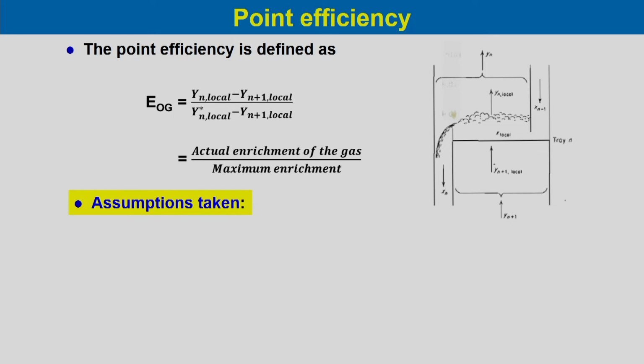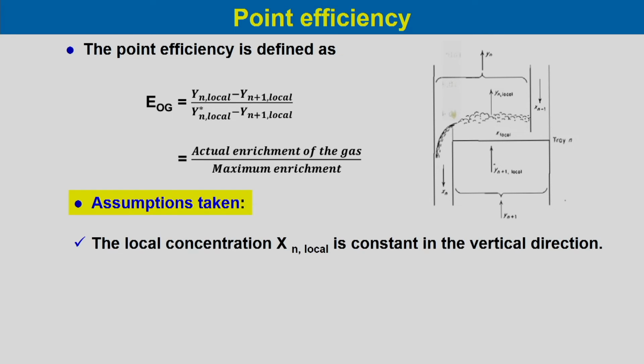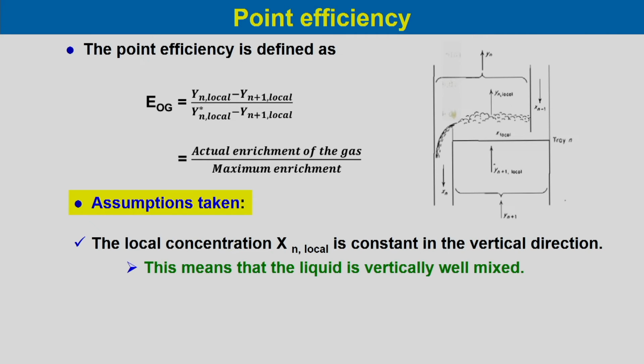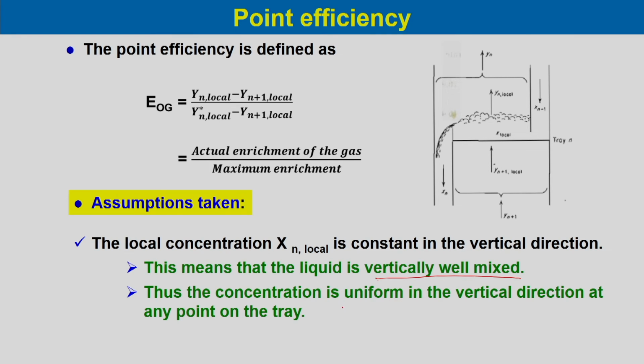Now, what are the assumptions taken over here? The local concentration Xn local is constant in the vertical direction. This means that the liquid is vertically well mixed. Thus, the concentration is uniform in the vertical direction at any point on the tray.